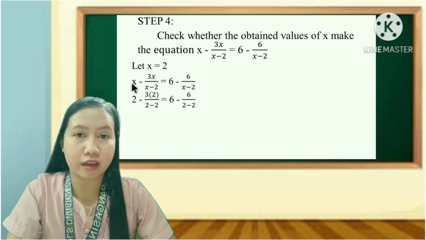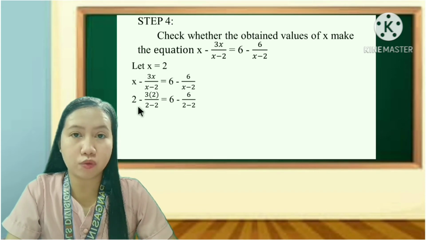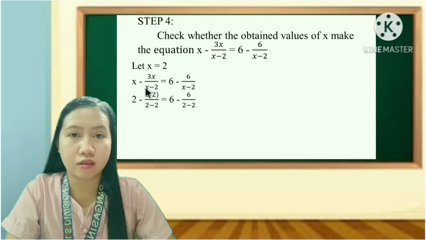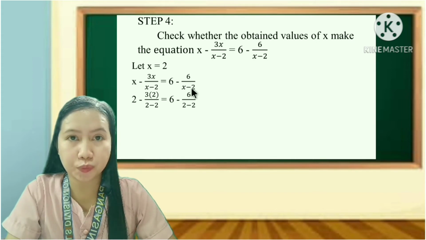So we have the first x, we have 2, minus 3x, substitute it with 2, so we have 3 times 2. Next, over x minus 2, and again, this will be 2. And on the other hand, we have 6 minus 6 over x minus 2, and our x here will become 2.